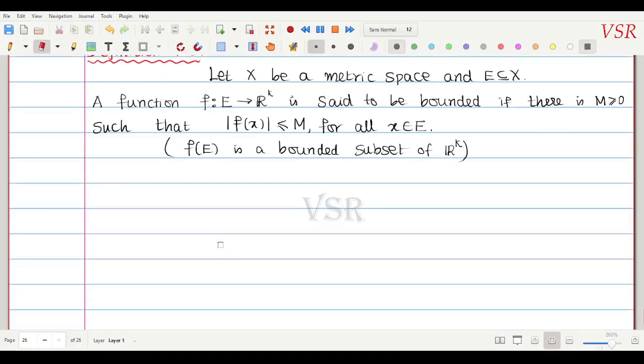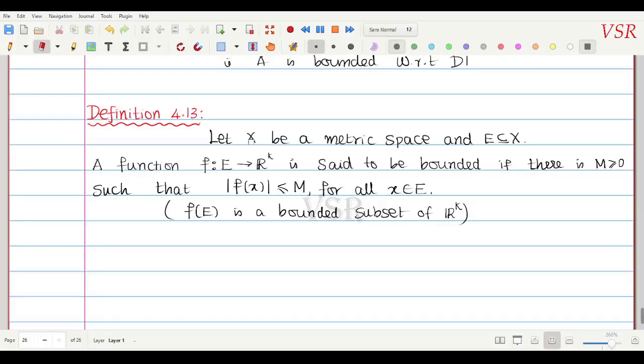So a function f from E to r power k is said to be bounded if there is m positive, such that modulus of f of x is less than or equal to m for all x belongs to E, then we say that f is bounded.